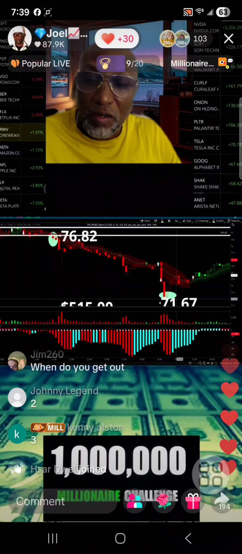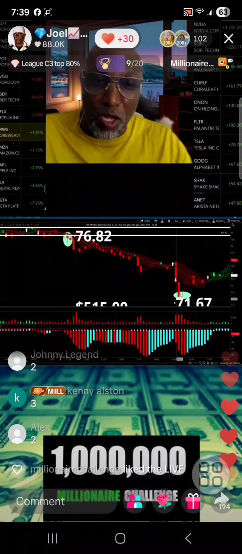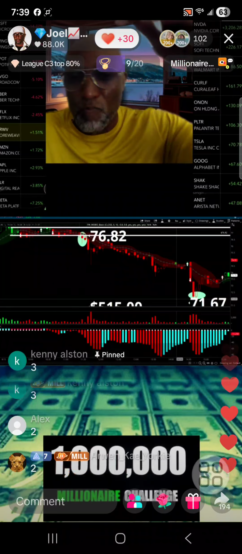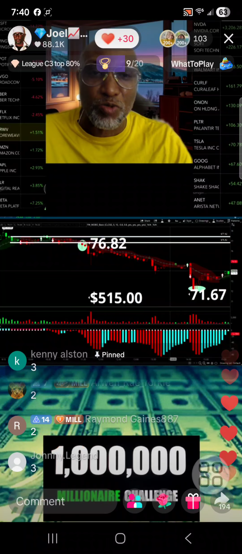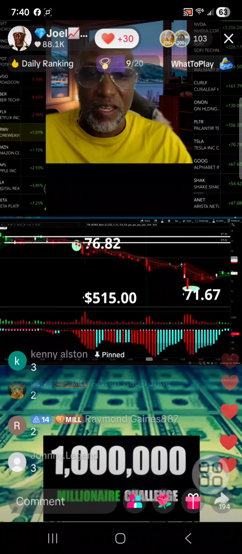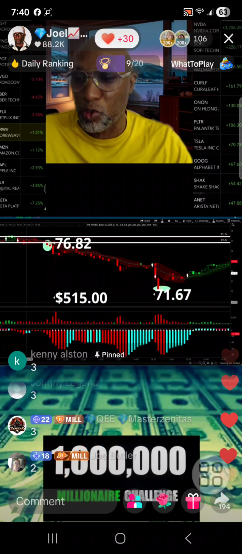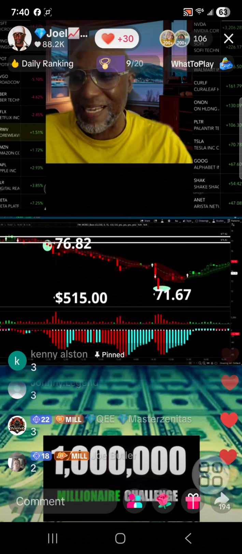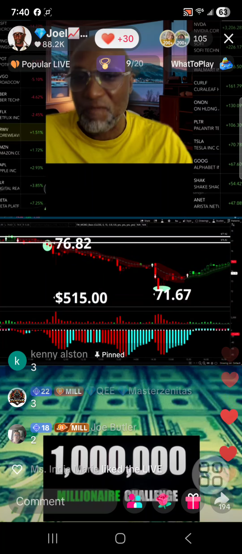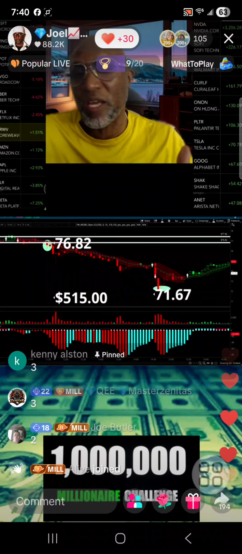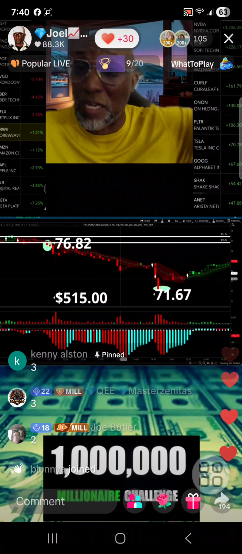From my entry to my exit, none. There is only 3 green candles before that. If I see more than 1 or 2, then I would get out. And then guess what happened, guys? Y'all know colors, right?